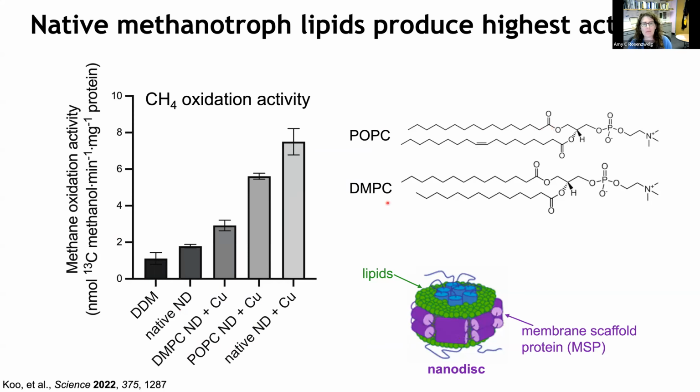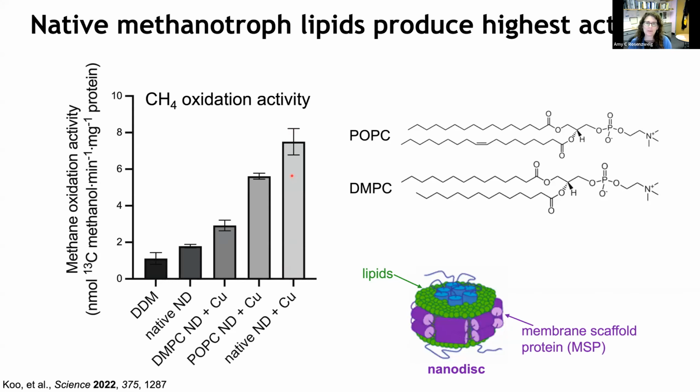And so then Frank Tucci in the lab tested the use of a bunch of different lipids in making these nanodiscs. And so here are some activity numbers that he obtained on a different preparation. So this is using detergent. And then these are nanodiscs with different lipids. So POPC and DMPC are what people typically use. Frank, in addition, made what we call native lipids. So he used like an old time biochemistry protocol to just isolate lipids from the native organism.